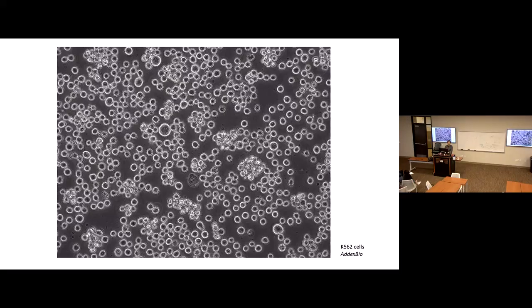So those are examples, especially when you have a cultured cell, and you look at the cells, they all look very similar to each other. The same cell type, no differentiation.